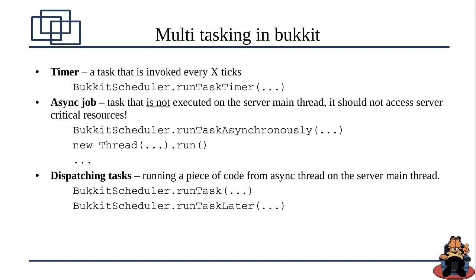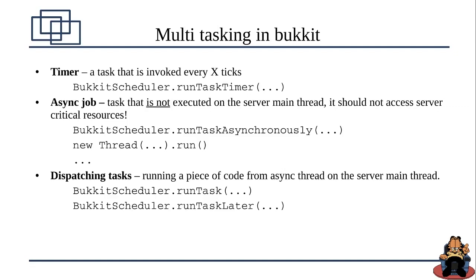The code that is contained in the timer is run on the bukkit main thread. Therefore, you can access the API, but you need to be aware that if this timer code takes too long, you might experience TPS drop and lag the server out.